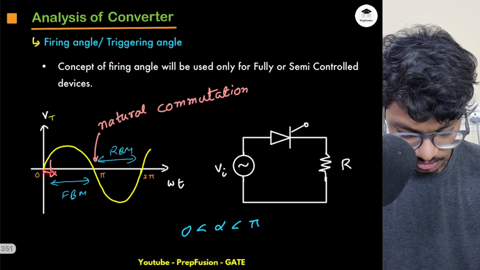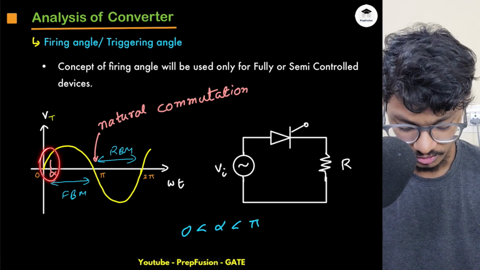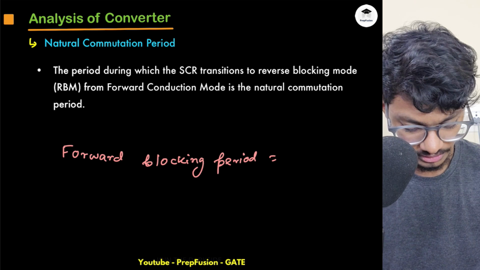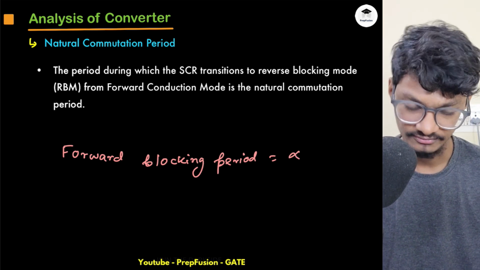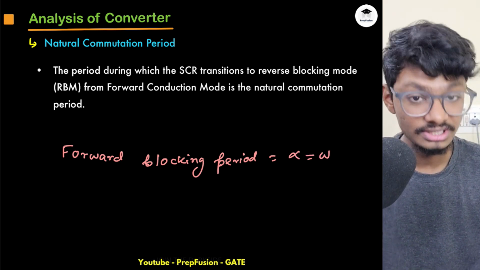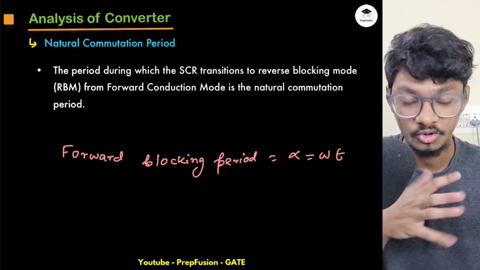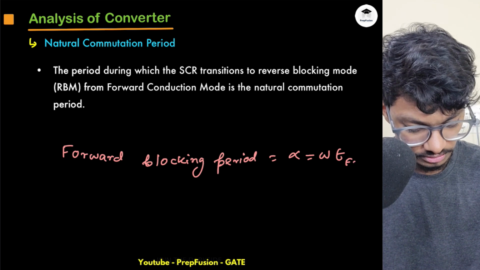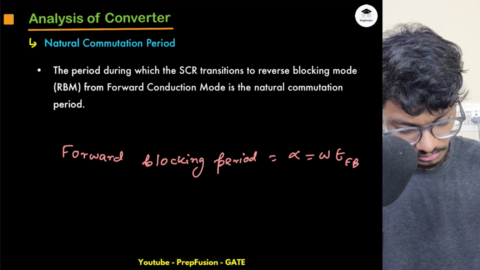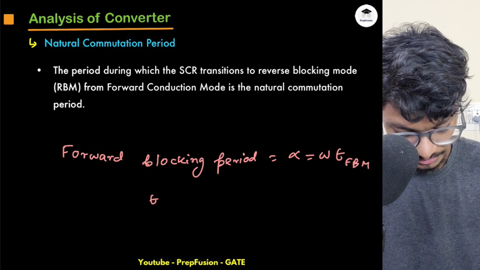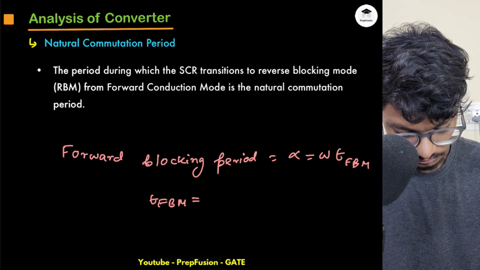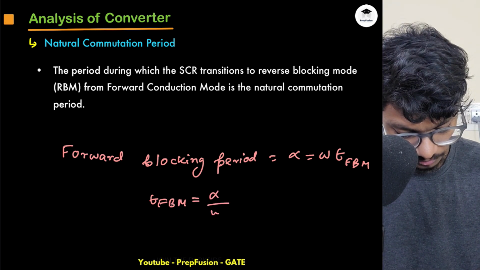It blocks from 0 to alpha only. After this it cannot block forward voltage because my device has been turned on, triggered. So it is only alpha. Or I can say, what is the time of forward blocking? It is omega t equals alpha, right? So T_FB will be simply alpha by omega.